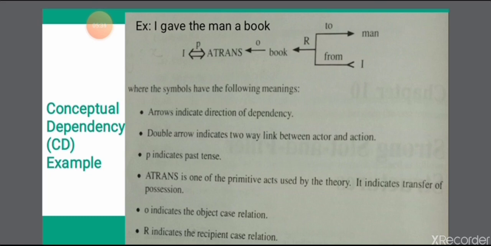Then the small o indicates the object case relation, and the r indicates the recipient case relation, meaning where your flow is going. Where is the recipient? The arrow points to it with the help of r.